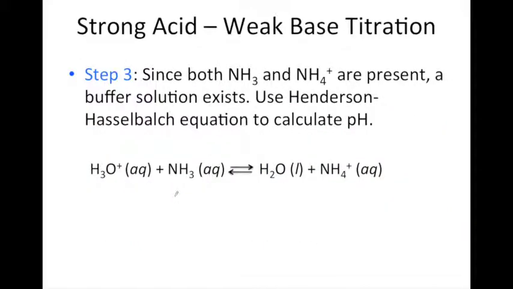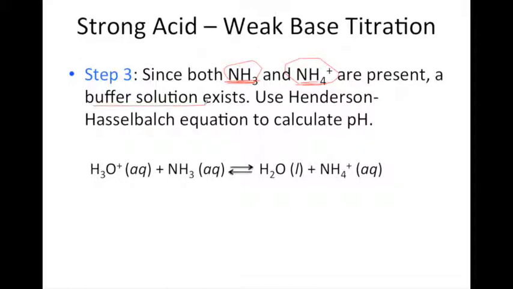So step 3. At this point in the titration, we still have some ammonia present, and we have formed some ammonium ions. So what we have here is a solution with a weak base and its conjugate acid. Anytime you have a solution that contains a base and its conjugate acid, or vice versa, you have a buffer solution.